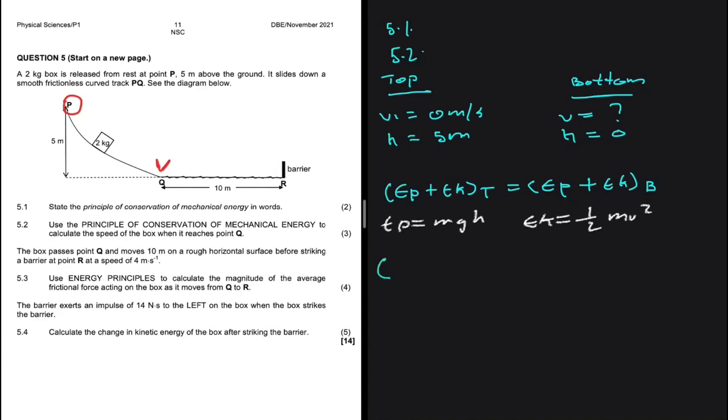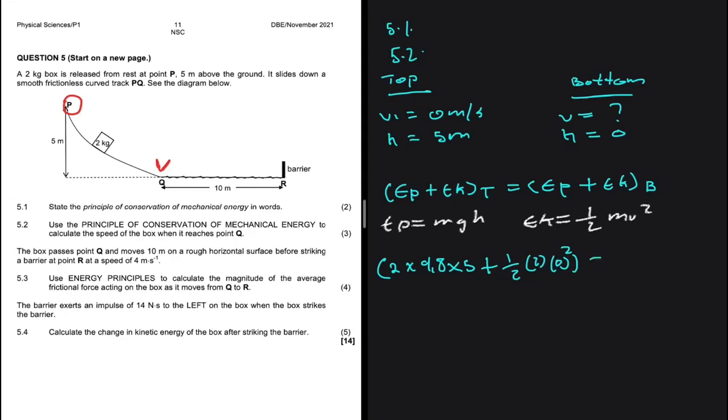So EP at the top, we're going to have the mass, which is 2 kg, multiplied by the gravity, which is 9.8, multiplied by the height, which is 5 meters, plus EK. EK is a half, the mass is 2 kg, and the velocity at the top is equal to 0 because our object is sliding from rest.